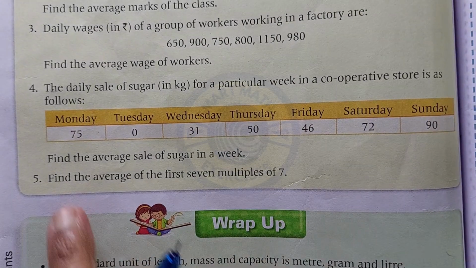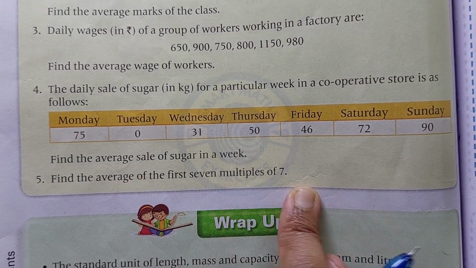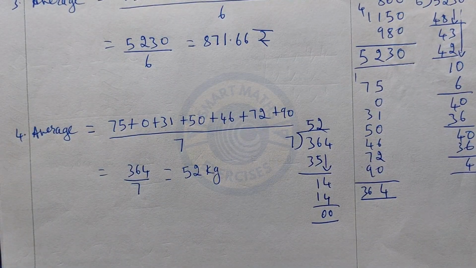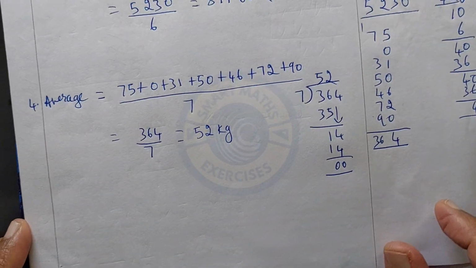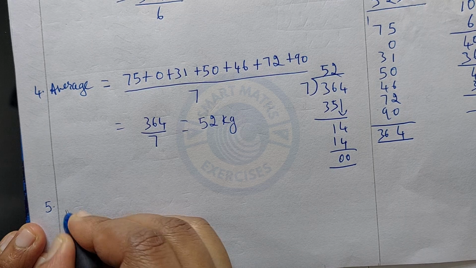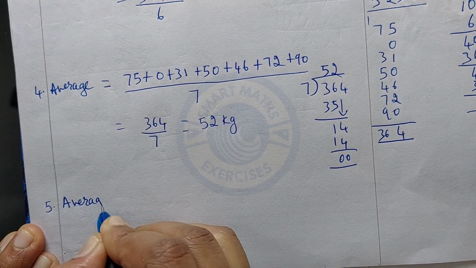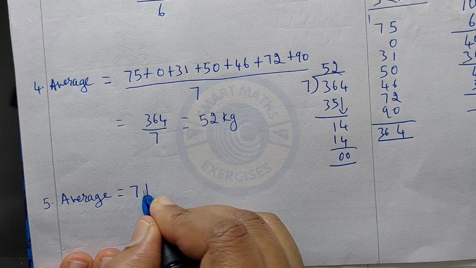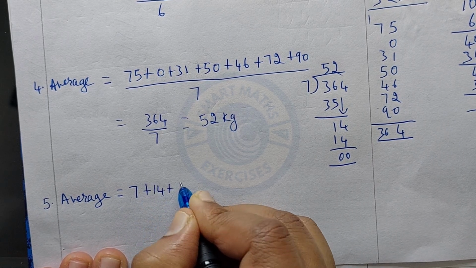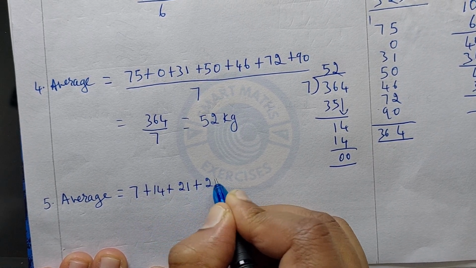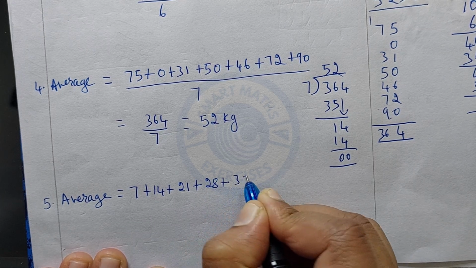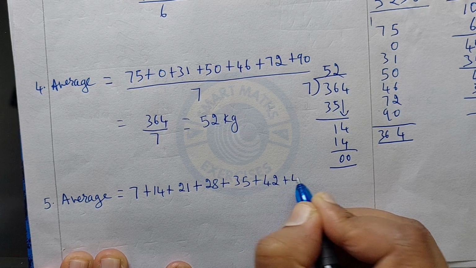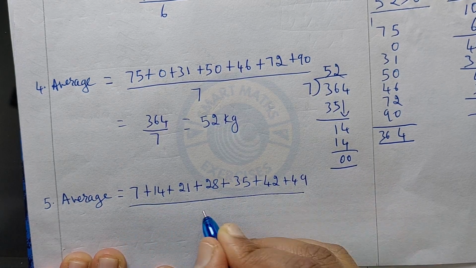Next question. Find the average of the first 7 multiples of 7. That is, we have to write the table of 7. Average. 7 1s are 7. 7 2s are 14. 7 3s are 21. 7 4s are 28. 7 5s are 35. 7 6s are 42. 7 7s are 49, by 7.